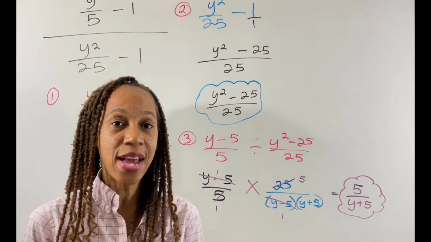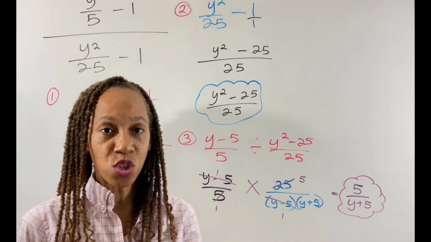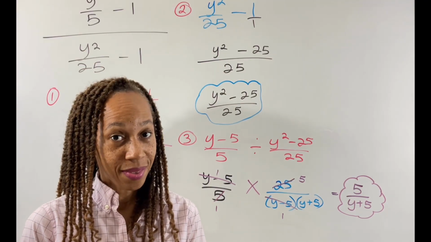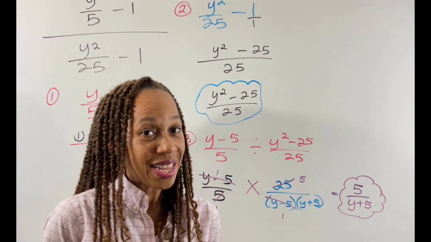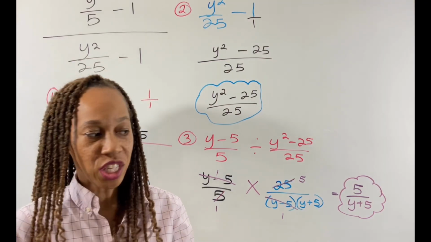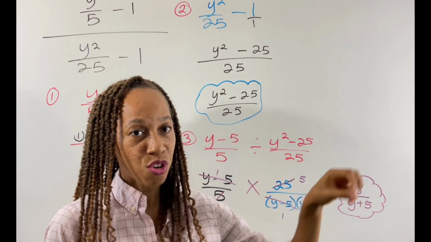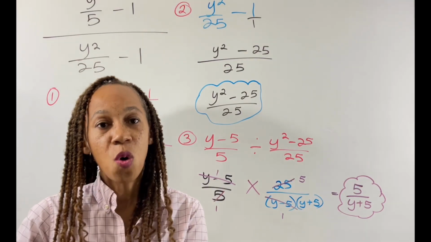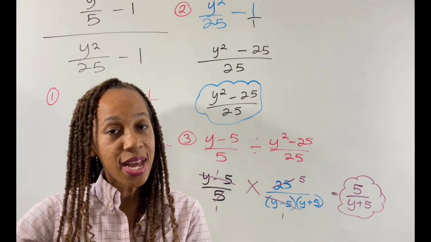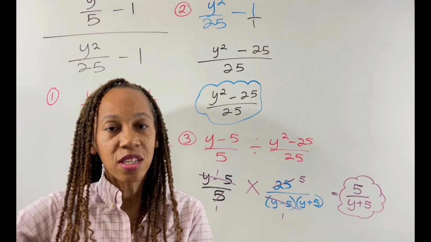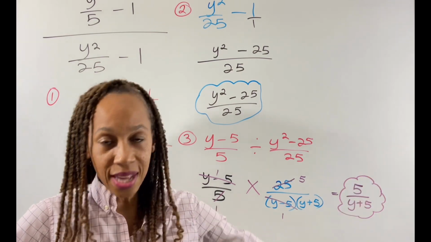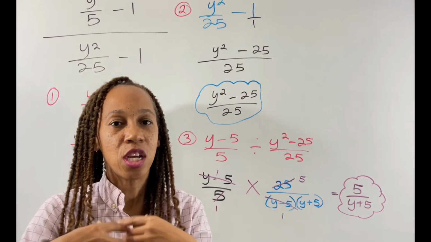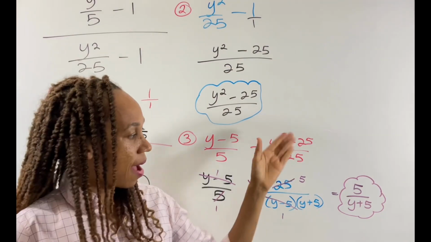So you have to combine all of that prior knowledge into this one type of problem. And guess what? It's like taking baby steps, and then you're able to walk. So you're taking these little baby steps and you're creeping also, and then you're going to get up and you're going to walk. So complex rational expressions is simply prior knowledge, things that were taught to you before, and you're combining them into these problems and solving them to get your answer.